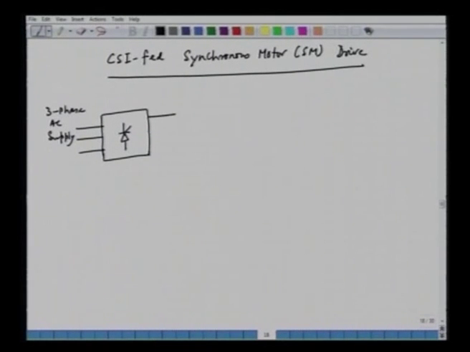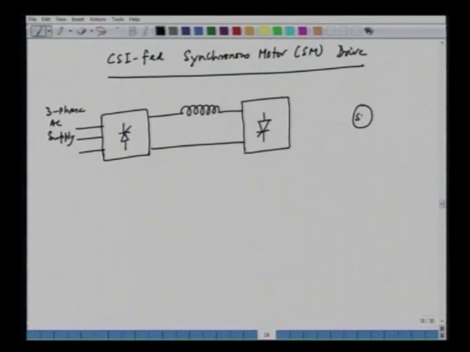Then in the DC link we have a large inductor to keep the current constant, and then we have a CSI, and the CSI is feeding the synchronous motor.